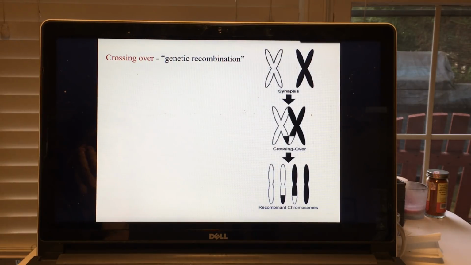Now, the next process I'm going to talk about is called crossing over, and it happens during synapsis. So remember I said a few minutes ago that synapsis is when the homologous chromosomes line up. And it's very important because otherwise you might end up with the wrong chromosomes in the wrong gametes. You want one of each kind of chromosome in the gametes.